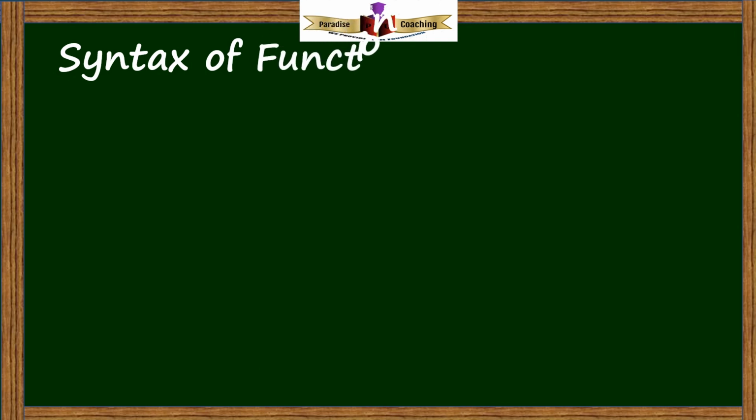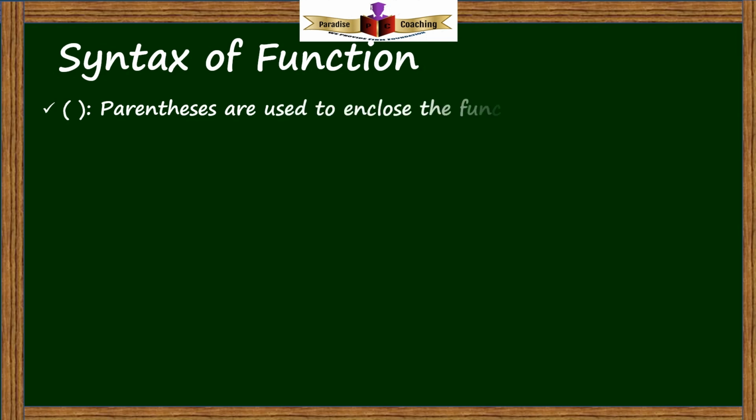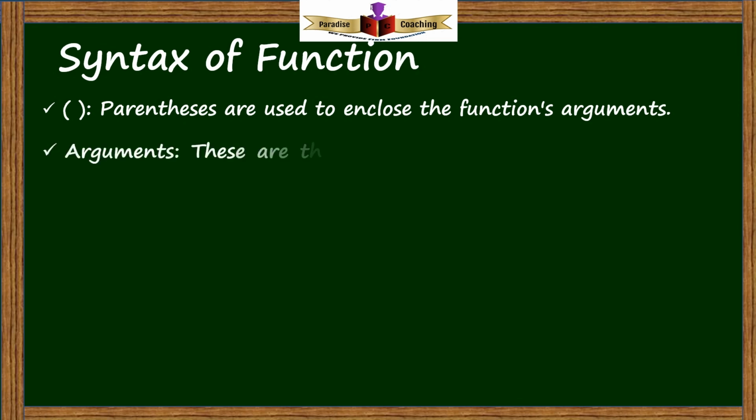Continuing with the syntax of the function, parentheses are used to enclose the function's arguments. Arguments are the values, cell references, or ranges that the function operates on. Functions may have zero or more arguments, depending on their requirements.